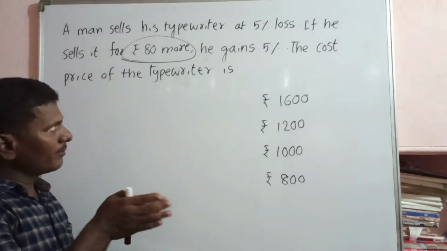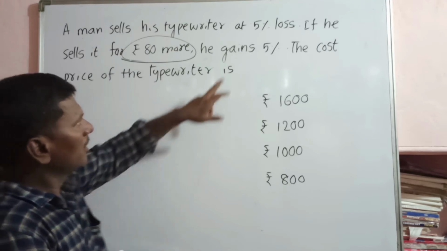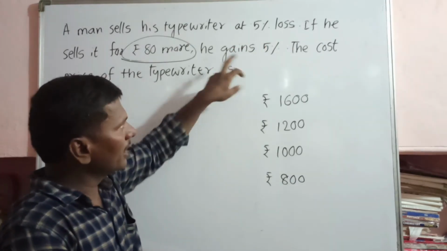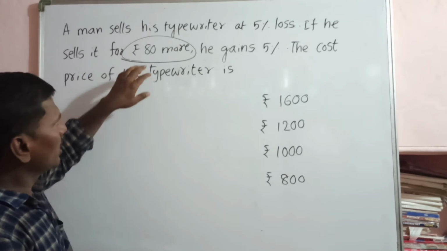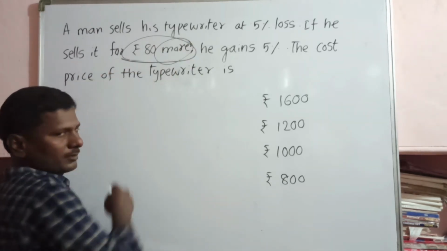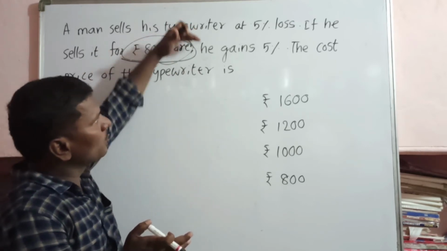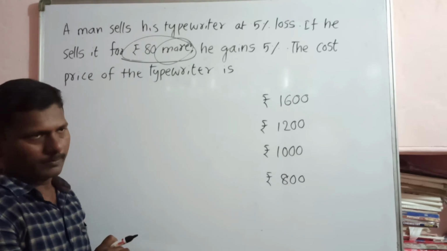That means that same article is sold two times. One is for 5% loss and another is 5% gain. Whenever you are given 80 rupees more or 80 rupees less, just more or less, you have to think that the difference between these two conditions is 80 rupees.